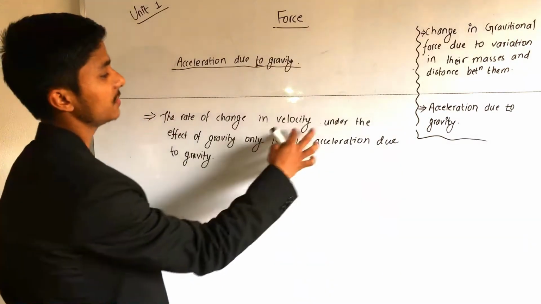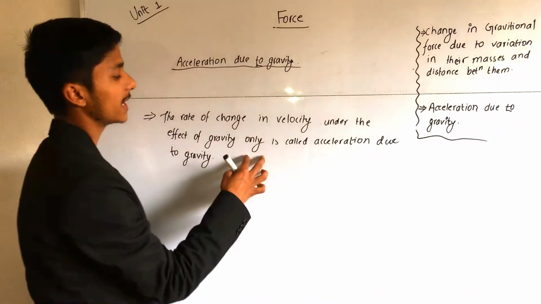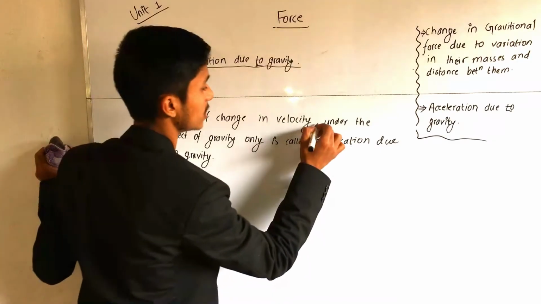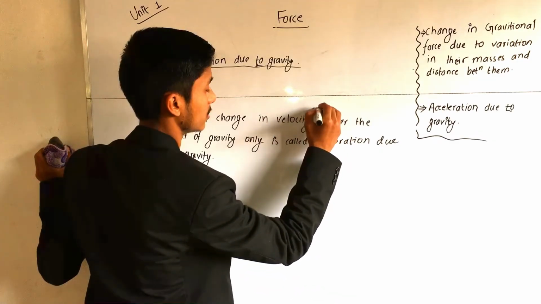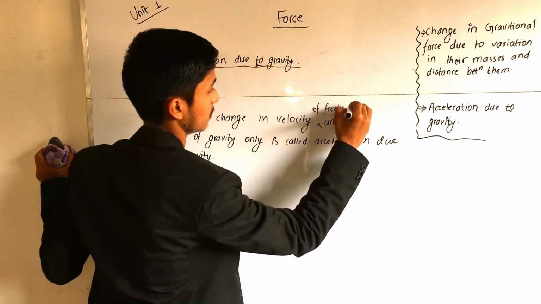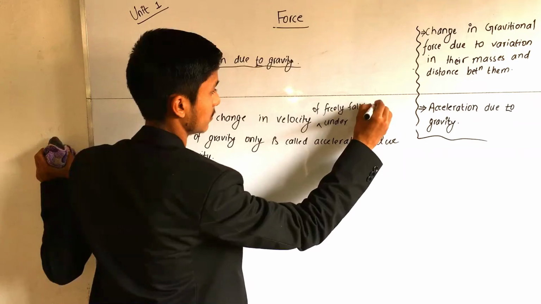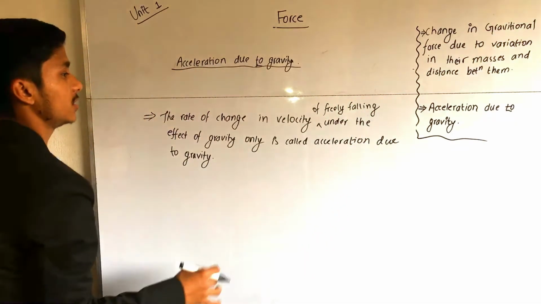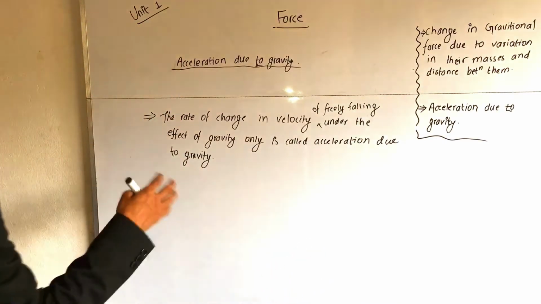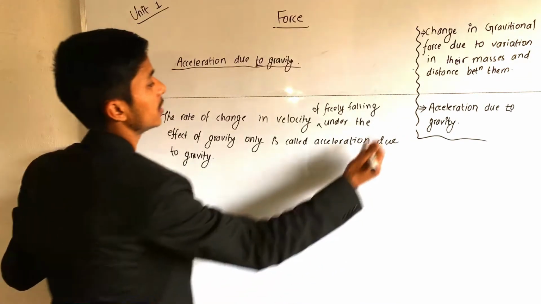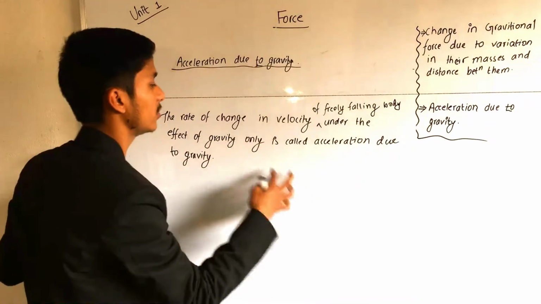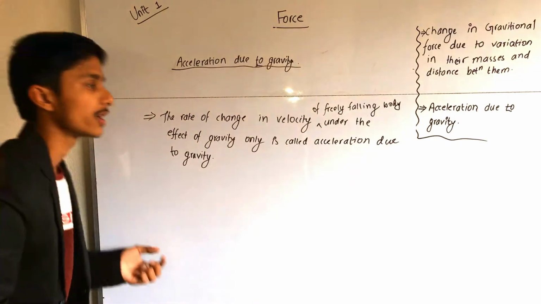The rate of change in velocity under the effect of gravity only. The rate of change in velocity of which body? Velocity of a freely falling body. The rate of change in velocity of a freely falling body under the effect of gravity only is called acceleration due to gravity.